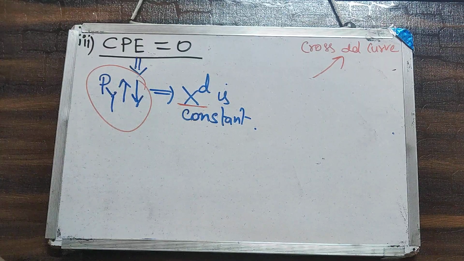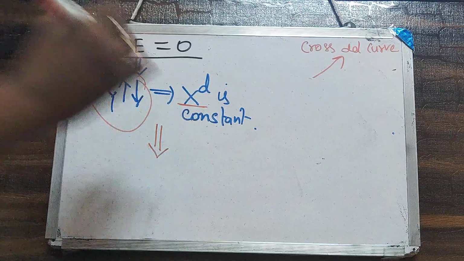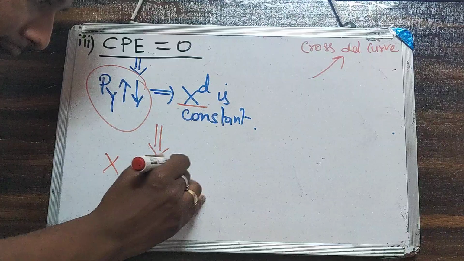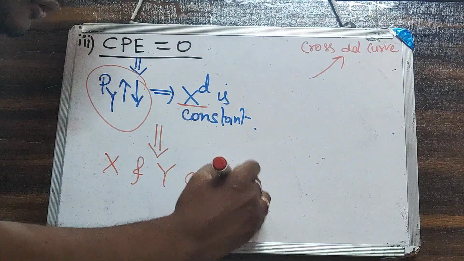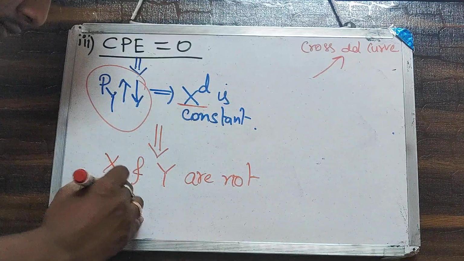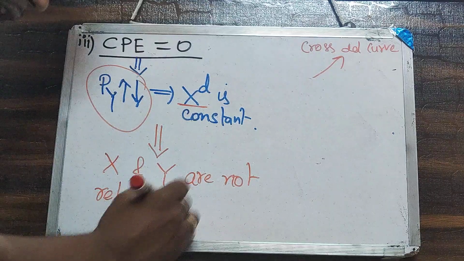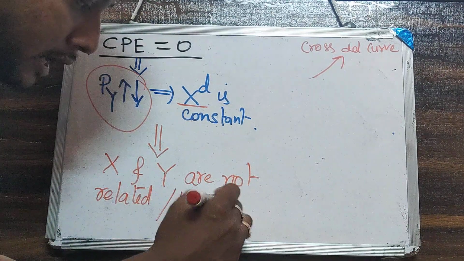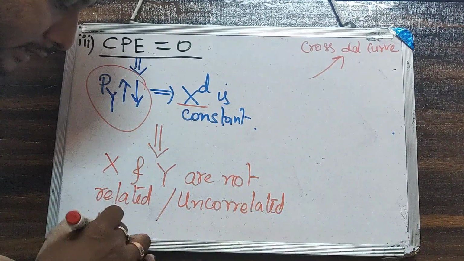So this would indicate that X and Y are not related to each other, or you can say that X and Y are uncorrelated to each other.